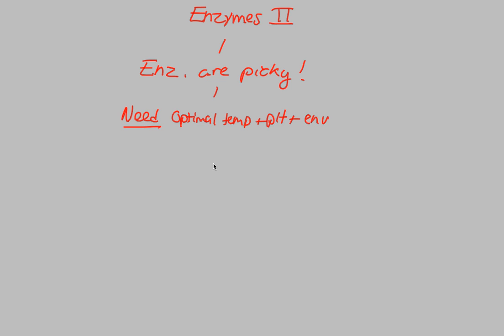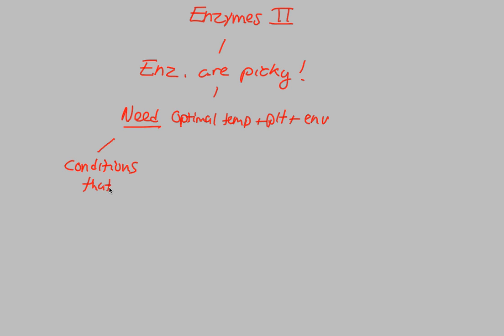They are picky protein molecules with functions that are absolutely necessary but are absolutely dictated by the environment in which they are in. So, what do we know about this? Well, what we have to understand about this idea of needing these optimal conditions is that these are the conditions that specifically are going to make the reaction faster.